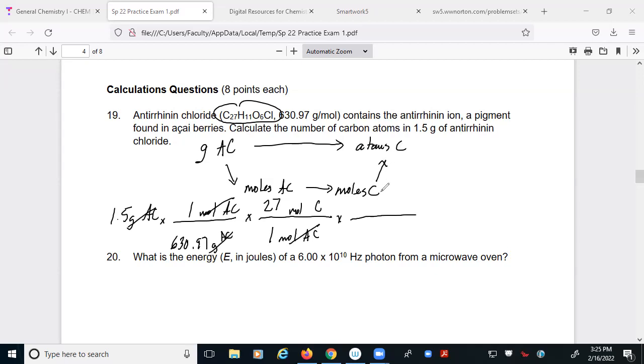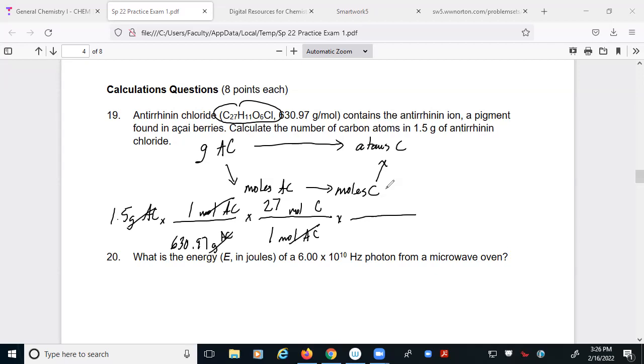The last step, we want to go from moles to atoms. Anytime we see a conversion between the macroscopic moles and the microscopic atoms, molecules, formula units, we know Avogadro's number is going to be involved. That's the only place where we're going to use Avogadro's number.